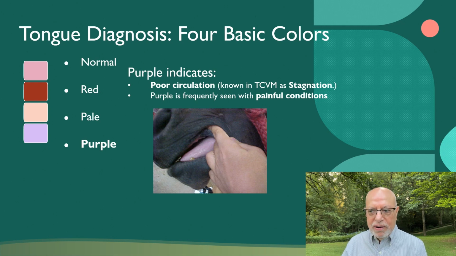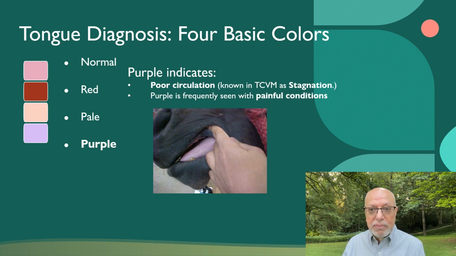Then there's a purple color, as you can see here. Once you start seeing more and more tongues of these animals, you will become good at recognizing it. Purple gives me an indication right away that there is some blockage of chi here. It could be poor circulation.